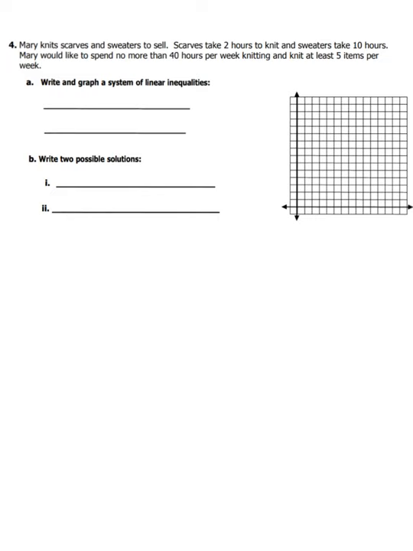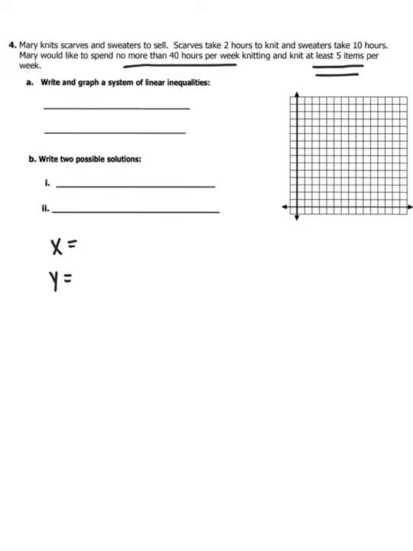Go ahead and try number 4. It says, Mary knits scarves and sweaters to sell. Scarves take 2 hours to knit and sweaters take 10 hours. Mary would like to spend no more than 40 hours per week knitting and she wants to knit at least 5 items per week.